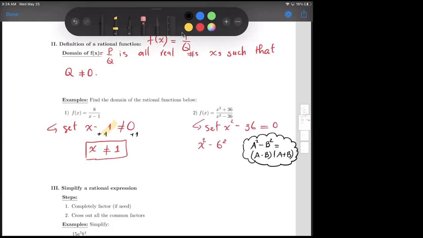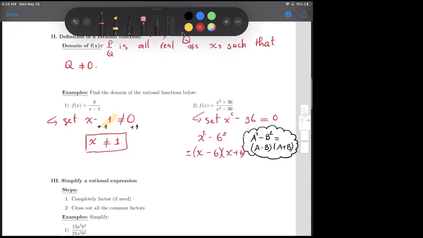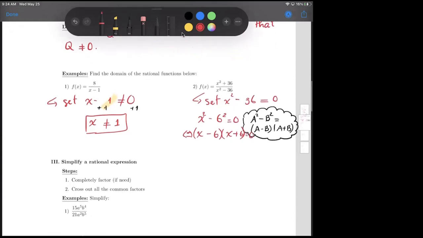So here, if I expand it into 2 binomials, it will be x minus 6 times x plus 6 equal to 0. So that means x minus 6 equals 0, or x plus 6 equals 0, right?